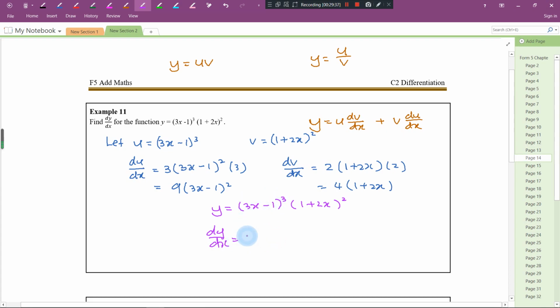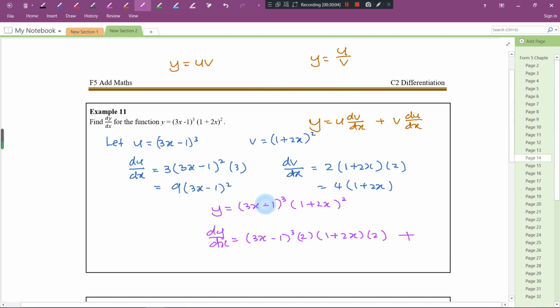Copy this. Differentiate this to bring down 2, (1 plus 2x) power 2 minus 1, right? Don't stop yet. You have to differentiate inside here. You get 2. Then plus, don't get confused. For this one we use minus, this one we use plus.